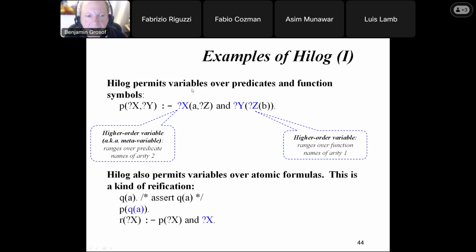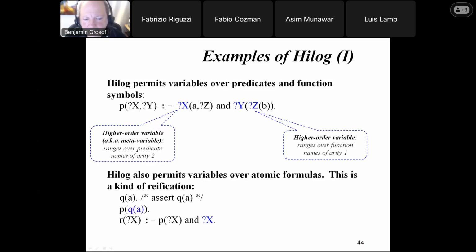And HiLog then permits variables over predicates and function symbols. For example, in this rule here, P(X,Y) if X(A,Z) and Y(Z,B), X is a higher order variable, sometimes called a meta variable, which is ranging over predicate names of arity 2. Y is likewise such a variable, but Z here is a higher order variable ranging over function names of arity 1.